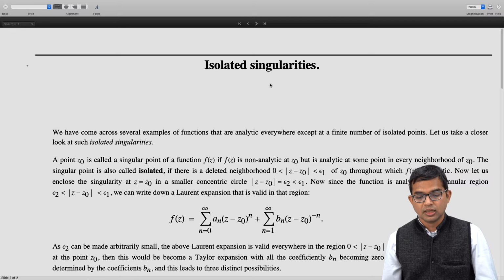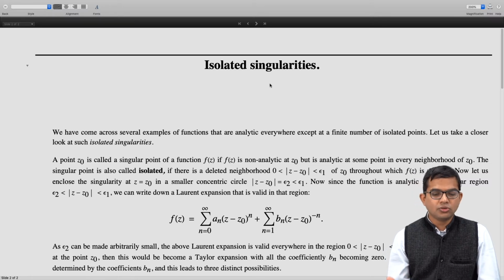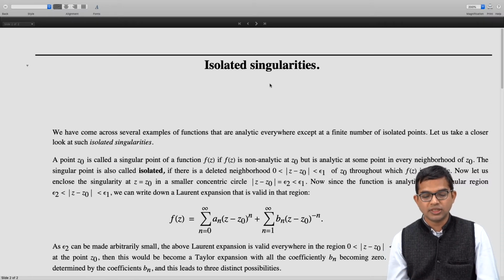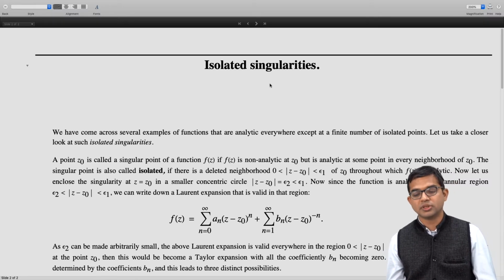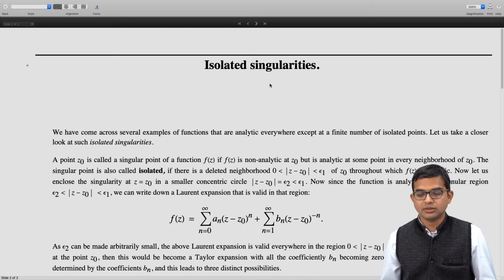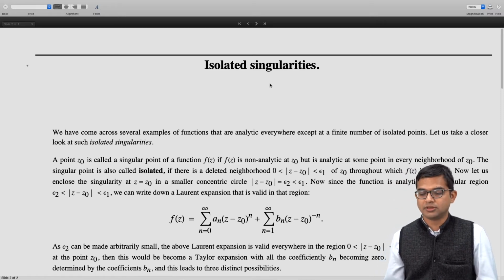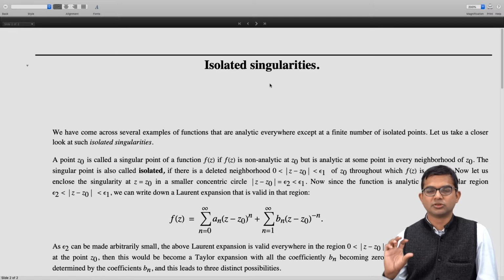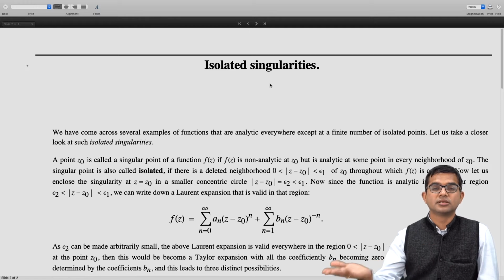Since epsilon 2 can be made arbitrarily small, this Laurent expansion is valid everywhere in the region 0 < |z - z0| < epsilon 1. This radius epsilon 1 is often as large as the distance to the nearest singularity.